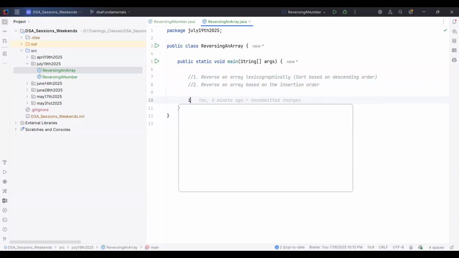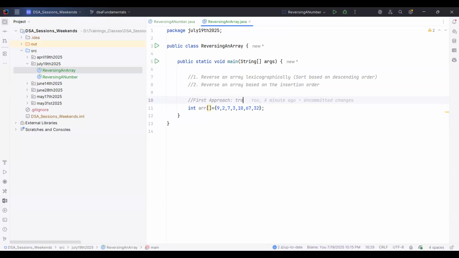So let me say int arr equal to the array. Now let me go for a traditional approach. First approach is a traditional approach.